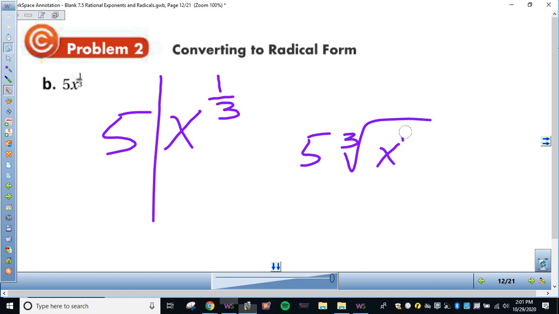I like to write it just because it gets confusing if you don't. But you could either have that answer for me, or that answer, I wouldn't take points off for either. Okay? Pretty good.